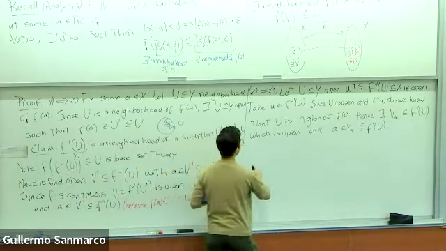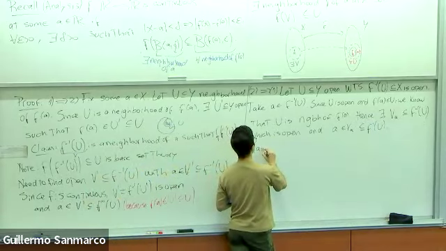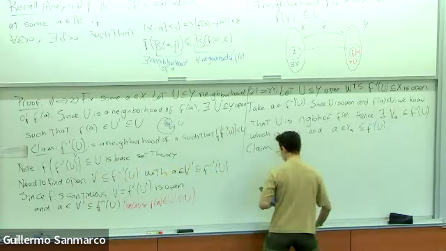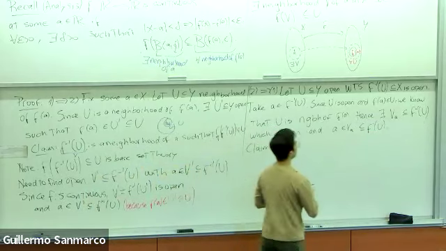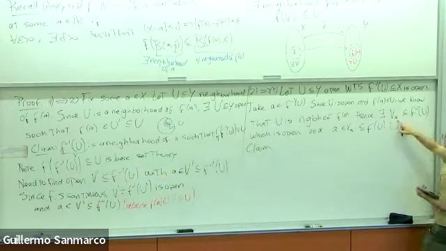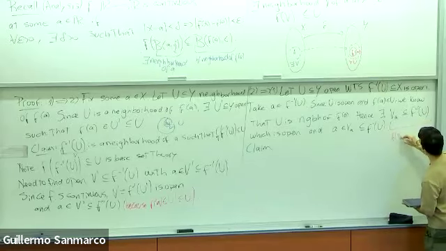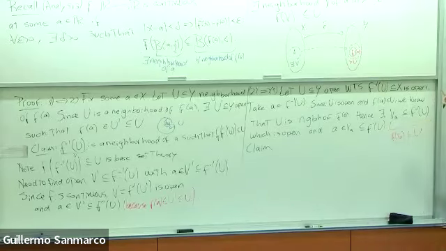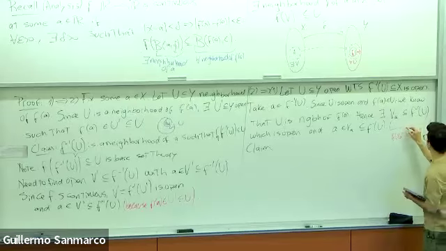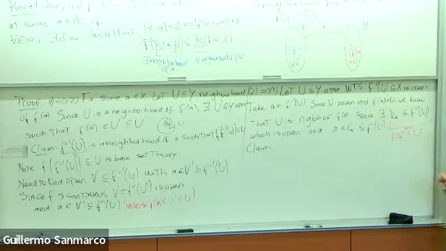Remember, we want to show this set is open. V being a subset of the preimage of U is equivalent to F of V of A being a subset of U. These two things are equivalent, just by definition.